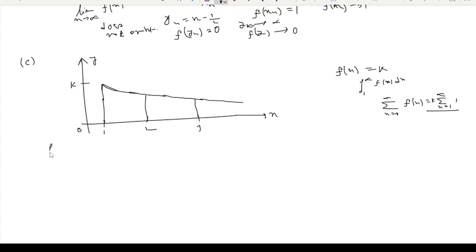See, this integration 1 to infinity f(x) dx can be written as integration 1 to 2 f(x) dx plus integration 2 to 3 f(x) dx plus, and so on.